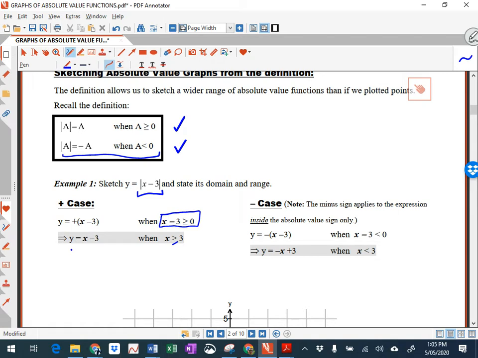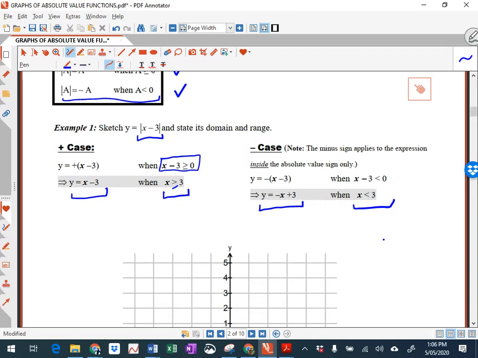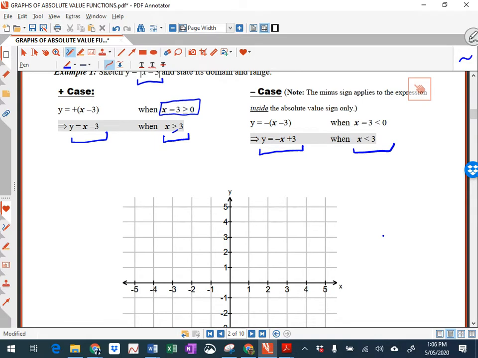So now we're going to sketch the line y equals x minus 3 for the x values which are bigger than or equal to 3, and we're going to sketch the line y equals minus x plus 3 for the x values less than 3. So let's do that now. First of all, this particular line, y equals x minus 3.